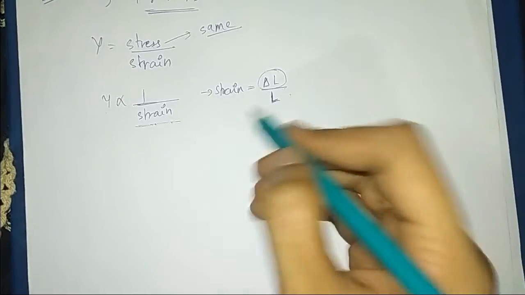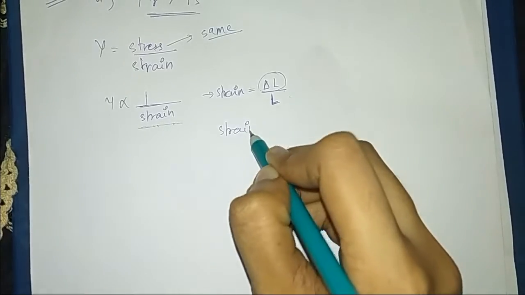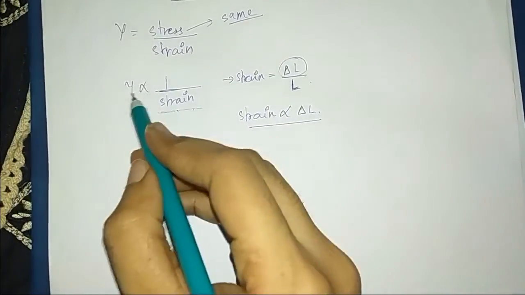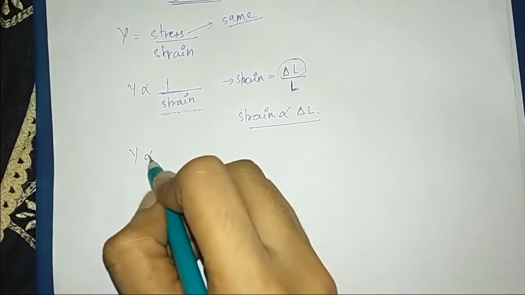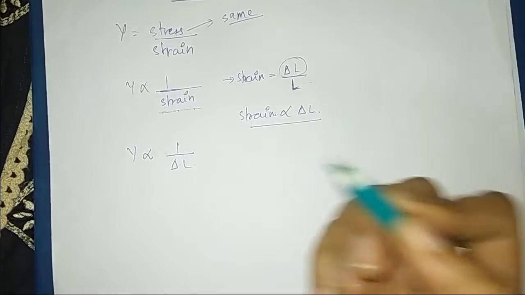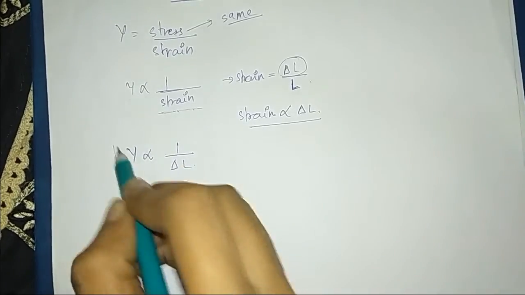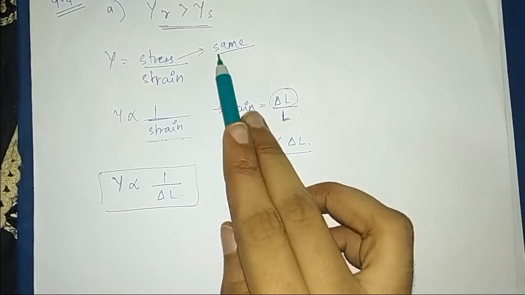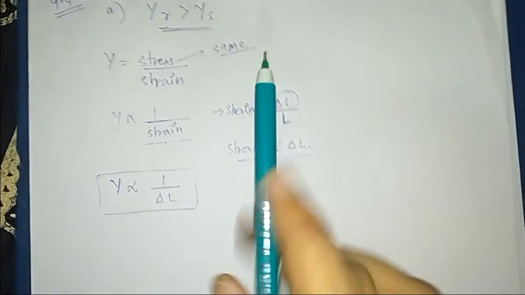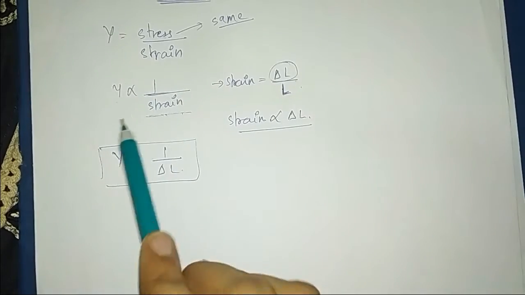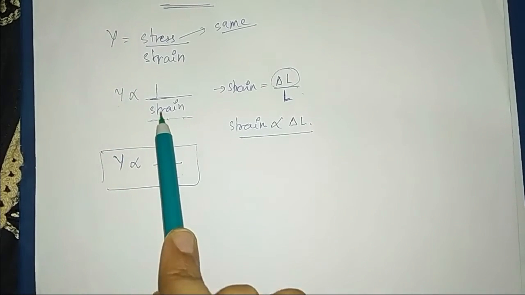As strain is directly proportional to delta L, Young's modulus is inversely proportional to delta L. Got my point? First I kept the stress applied on the rubber and steel the same, so the Young's modulus is now just dependent on the strain.